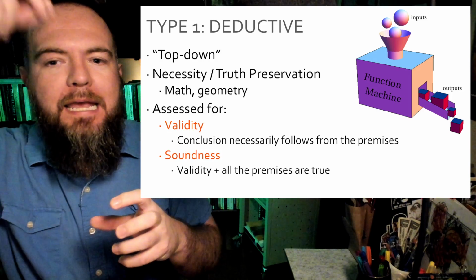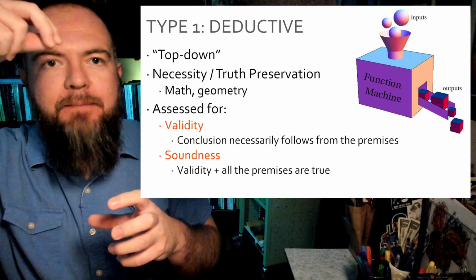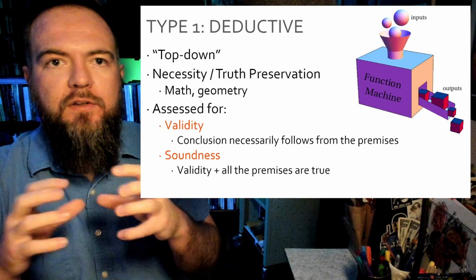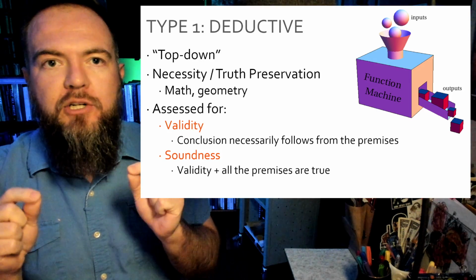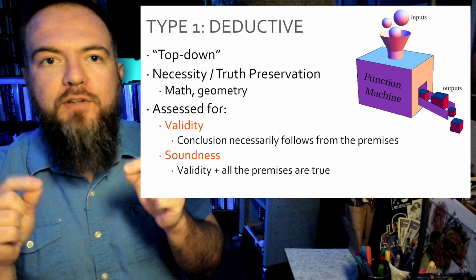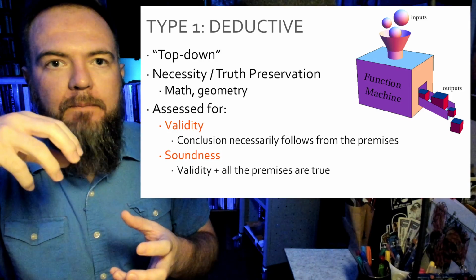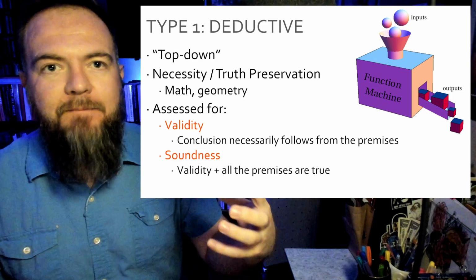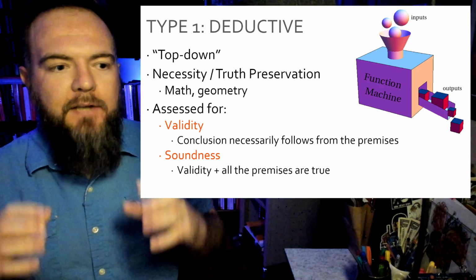If we put in true statements as the inputs, then even though the machine might rearrange the parts in certain ways, we know that the machine, if it's working properly, will preserve the truth of anything that we've put into it.